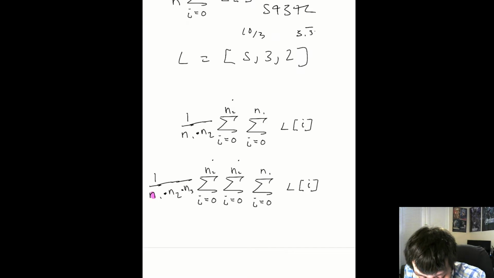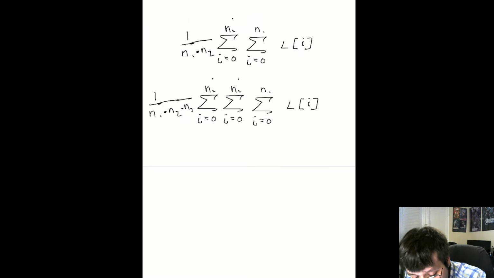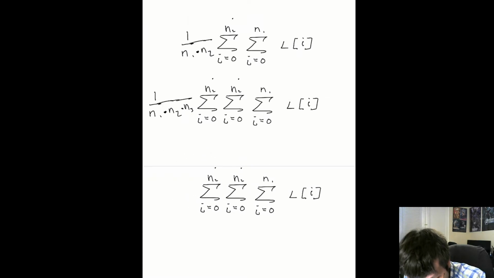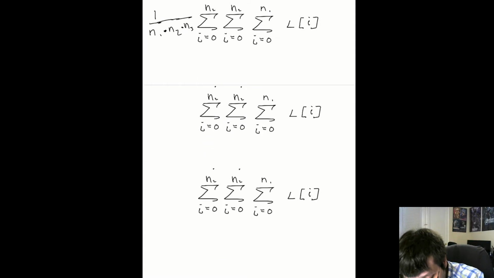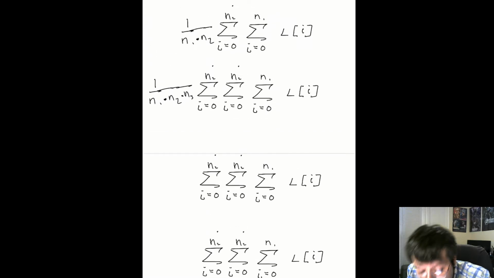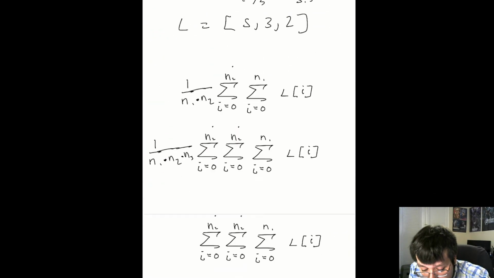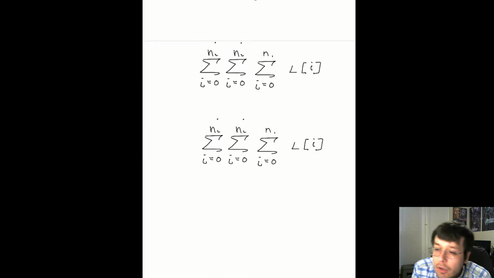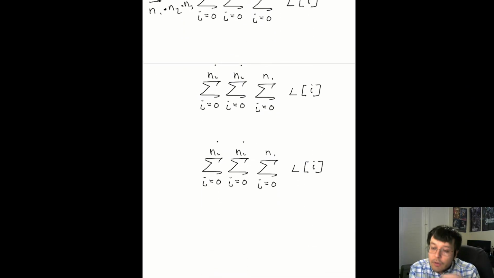Now, you might be like, well, this is weird. This multiplication right here, I don't have to do that when I'm coding it. Sure, you don't. But then you would actually have to do 2 summations, which is kind of what we were doing. You would do 1 summation for the sum, so that's going to give you your sum. If you want to split this into what we actually did in code, because it's nicer, then you can. When I'm writing code, I don't need to keep track of the count.